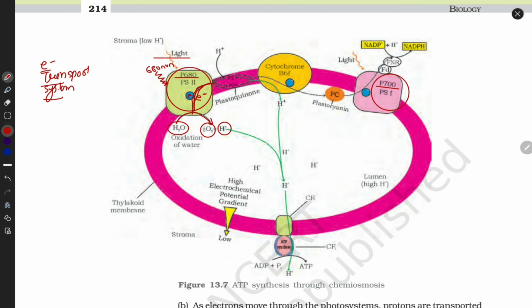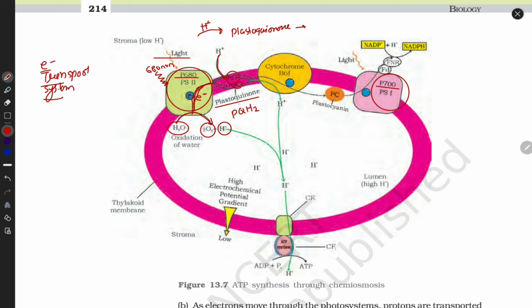First, plastoquinone gets the electron. Plastoquinone takes hydrogen from the surrounding and changes into plastoquinol.